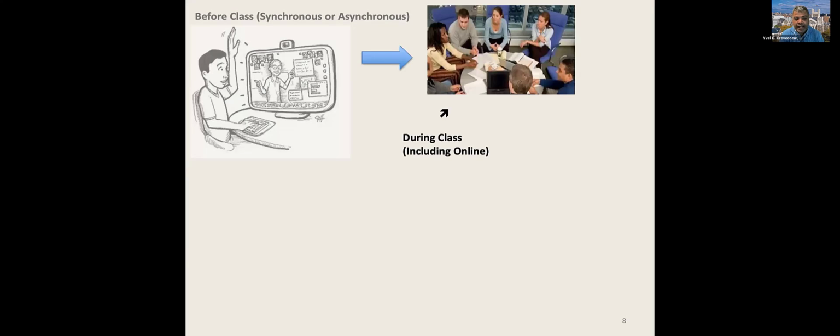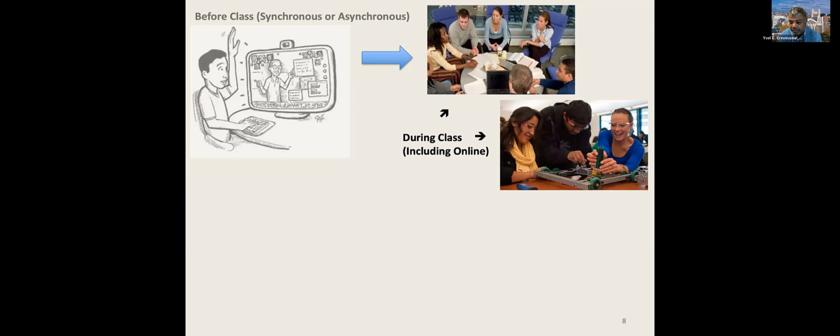Then during class, whether it is an online class or an in-person class, there are opportunities for discussion in whole and small group settings within the classroom environment, whether it's virtual or in person. There are small group interactions among the students themselves, where they're working on something to accomplish a certain goal or task.